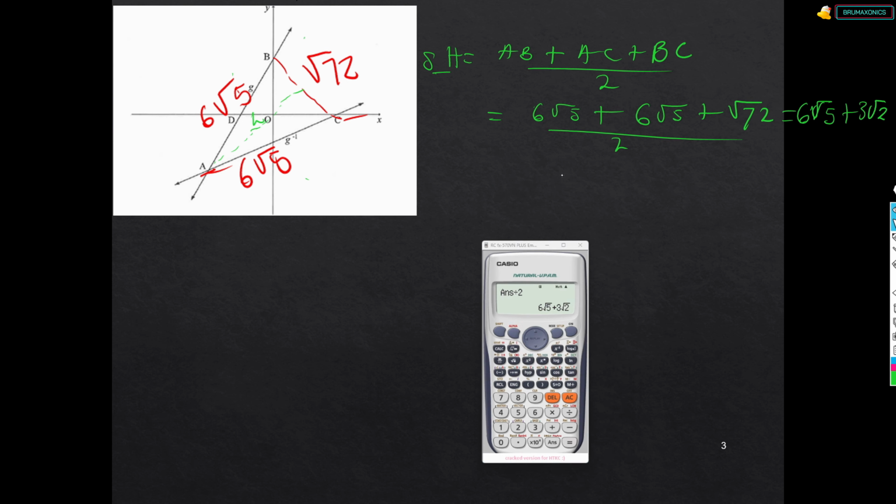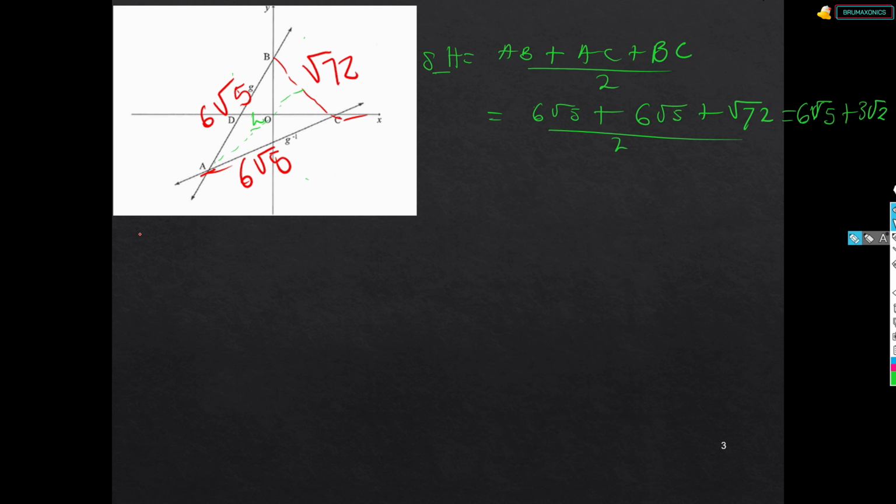After that, we are going to find the area, and the area is equal to, this is the area formula, right? So let me do this just to make sure that everything is clean and clear. I'm going to use the SH there, or you can say H, right?